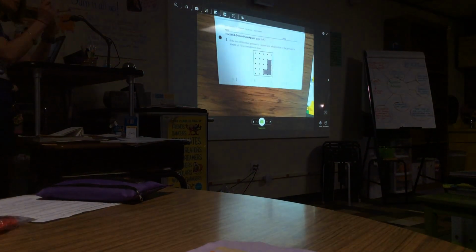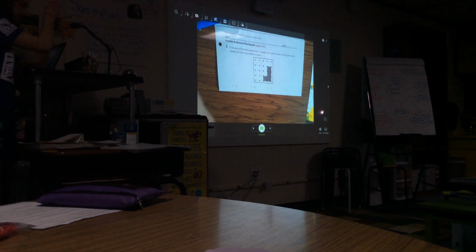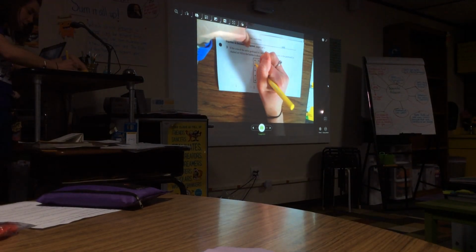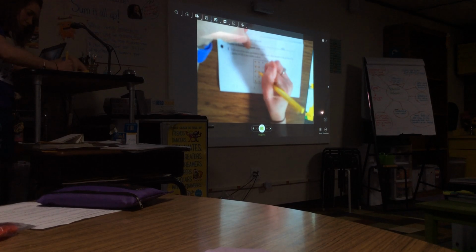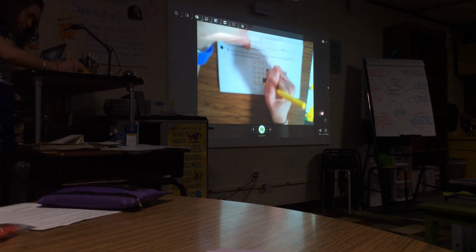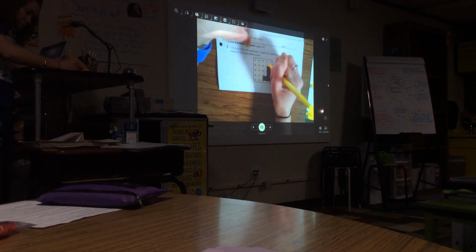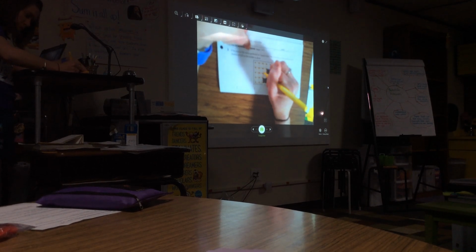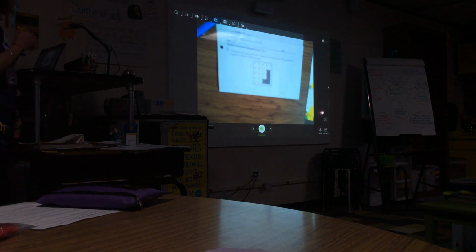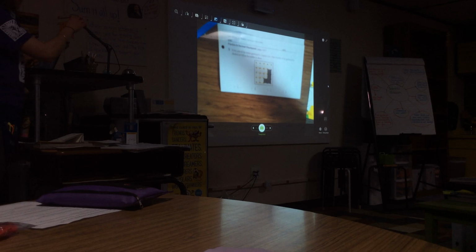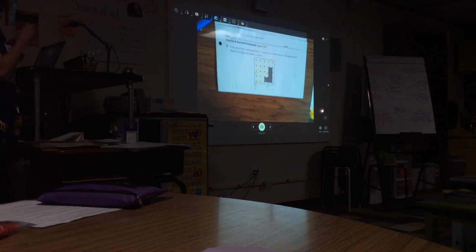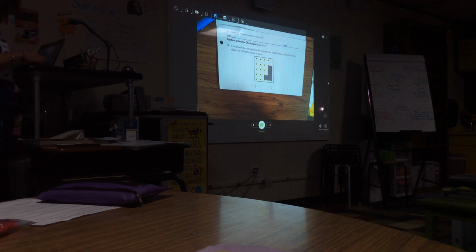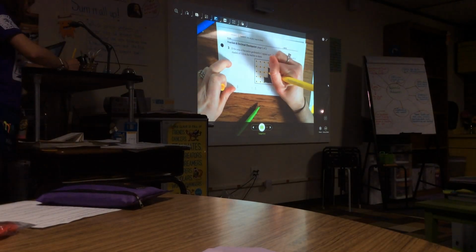So let me use the yellow. So here are 16 tiny squares that I would have. It'll get unblurry. Okay, so now you can see all my little squares.